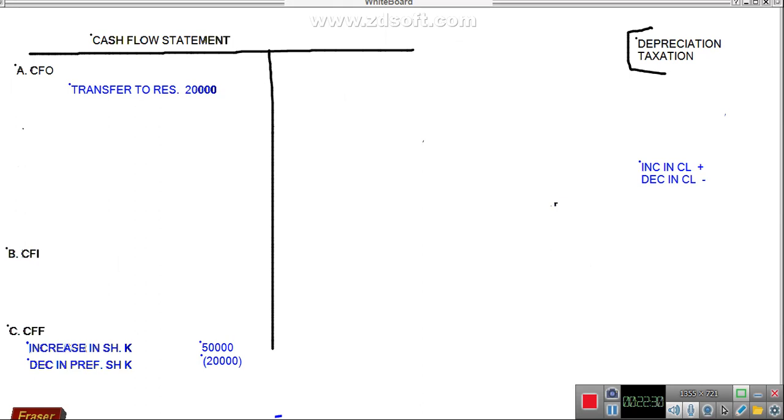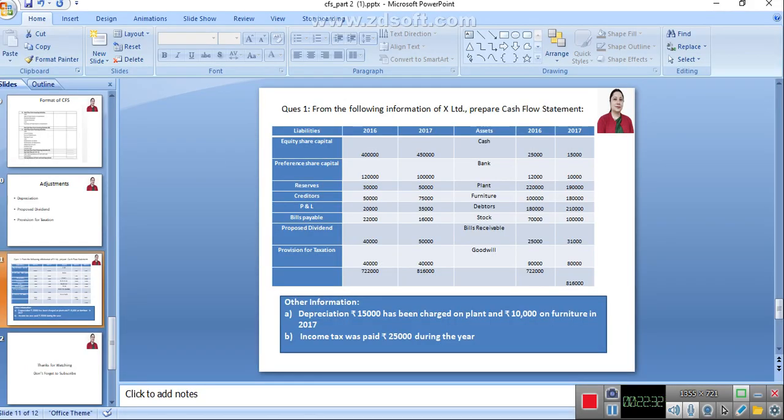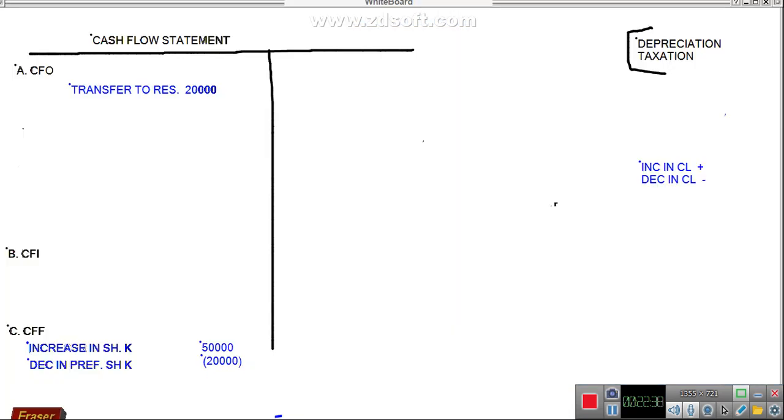So in this question, creditors are showing a 25,000 increase, that is, an increase in current liability, so it will be added, 25,000.